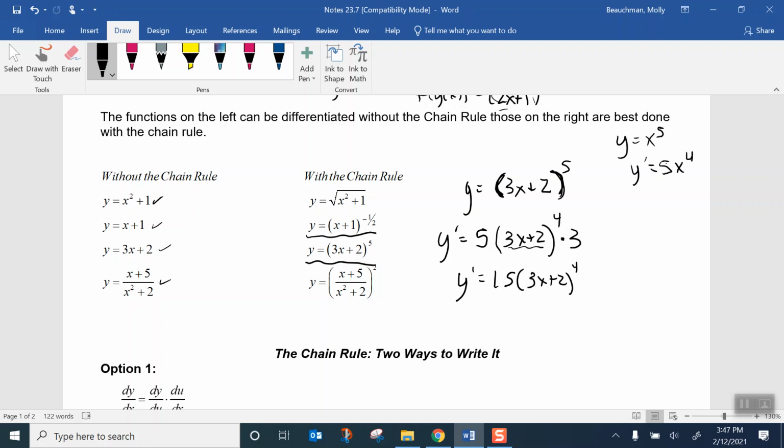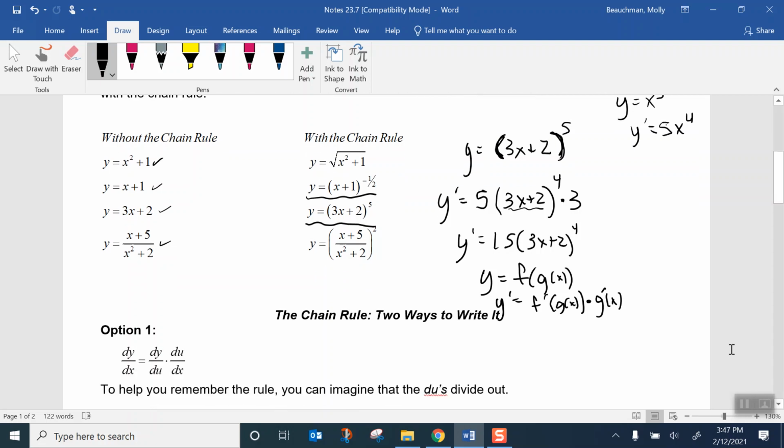So we can think about this in several different ways. You can think of the function as being written as y equals some function f of g of x. Then when we take the derivative, we're taking the derivative of the outside function, f prime of g of x, times the derivative of the function on the inside, which is g prime of x.